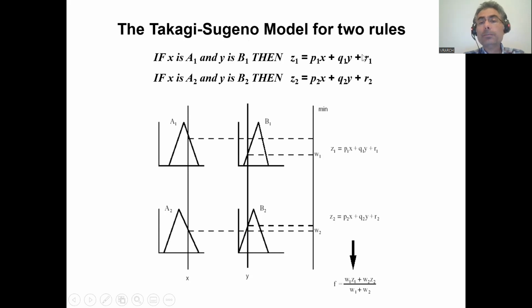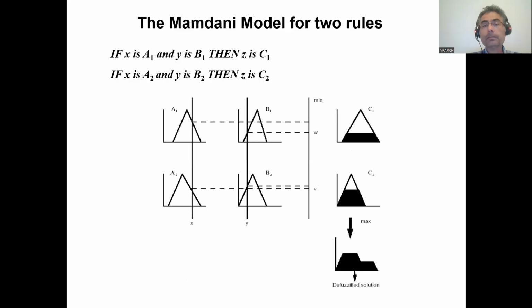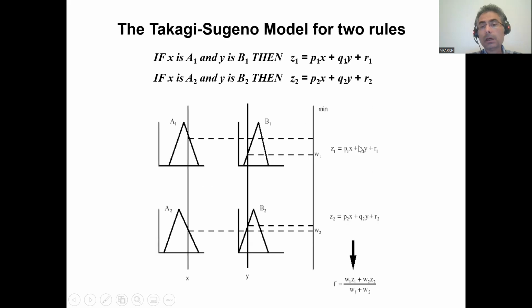So the second part is defined by a linear equation in the Takagi-Sugeno model instead of a membership function, which was the case in the Mamdani model here. Yeah. So this is only membership function in the Mamdani model, but the output, or what is called the consequent part of the fuzzy model, is represented by a linear function.